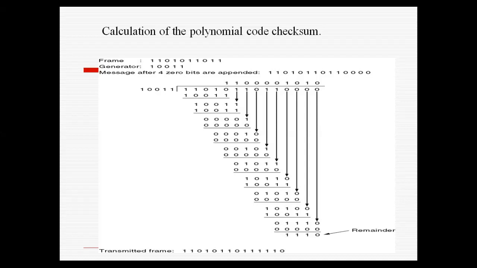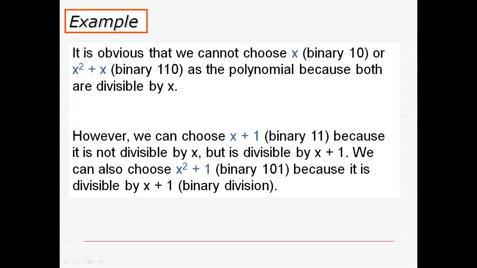Now next one. So these are some notes. It is obvious that we cannot choose x, that is binary 10, as a divisor, or x square plus x, that is 110. So x square is present, it is 1, x is present, it is 1, but x power 0 is absent, that is plus 1.